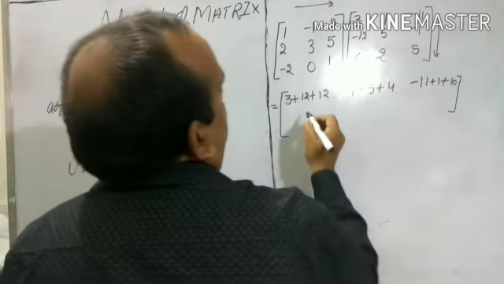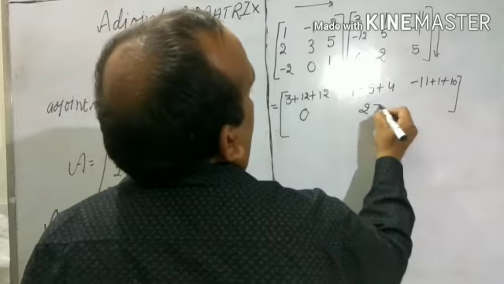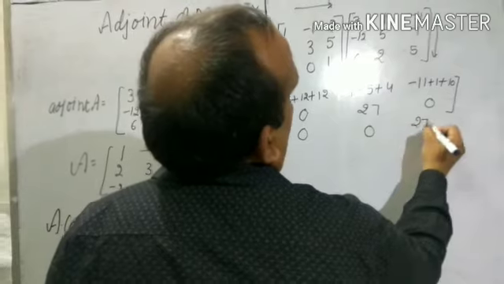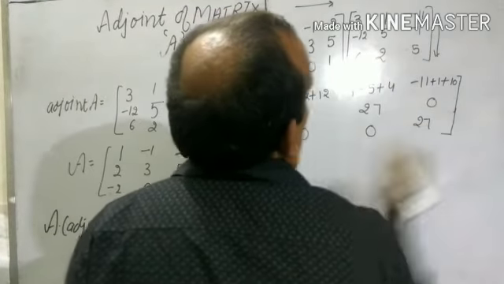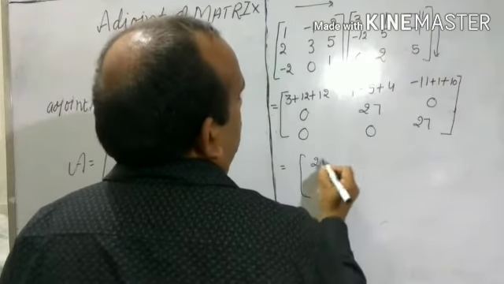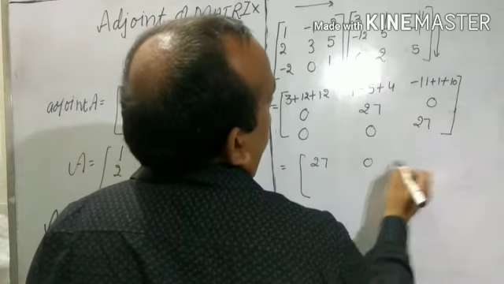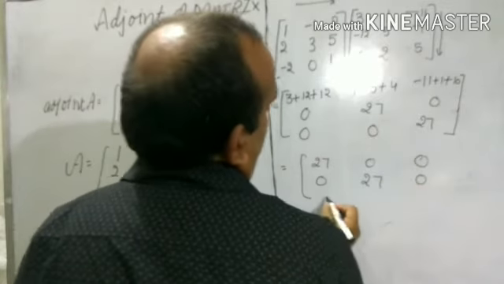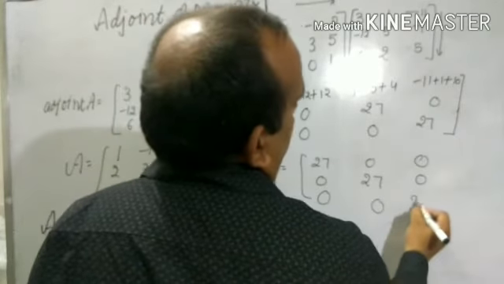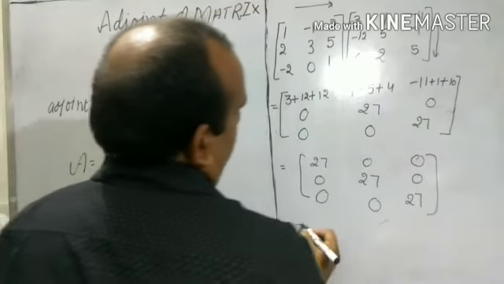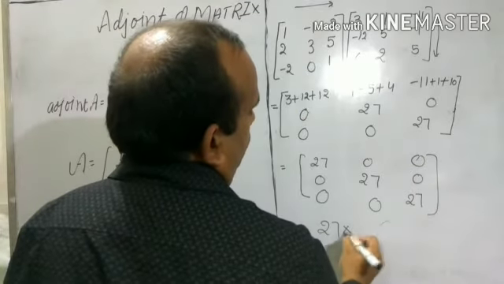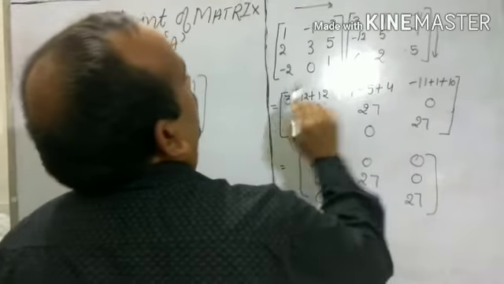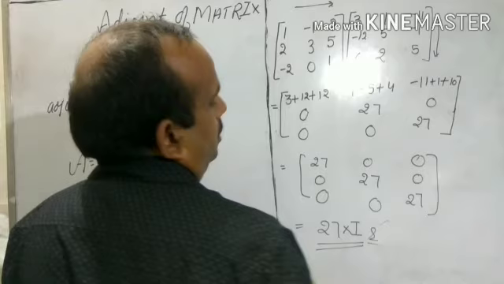Similarly, we do, it will appear as 0, 27, 0, 0, 0, 27. This will be equal to 27, 0, 0, 0, 27, 0, 0, 0, 27. What we can say, 27 into identity matrix of 3 by 3. So A into adjoint A is equal to 27 into I.